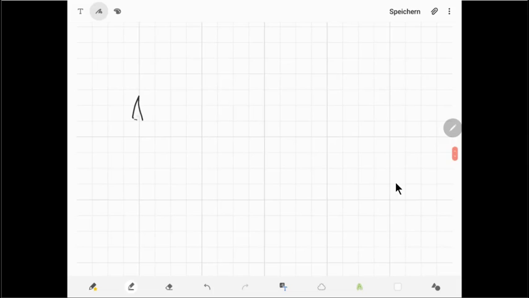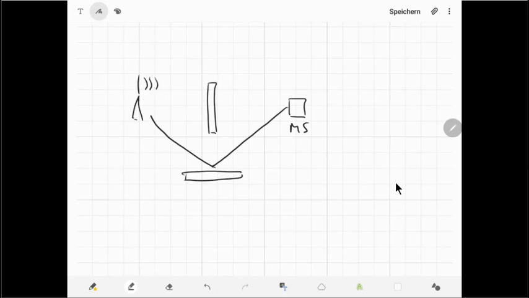Imagine that we have, again, an antenna which is emitting or receiving electromagnetic waves, and that we might have a mobile station. In this case, we have some obstacles, we have some reflection, and there are several signals received by the antenna or vice versa by the mobile station.